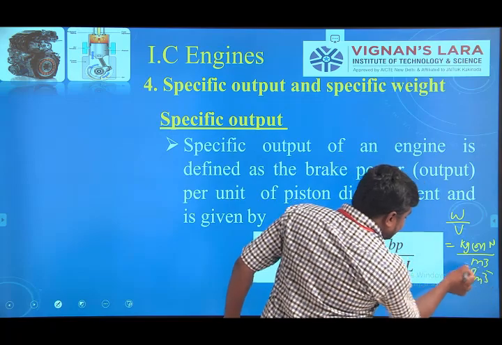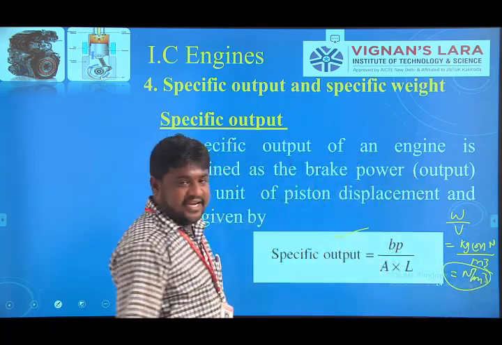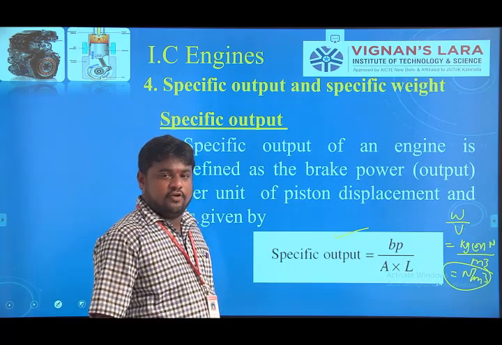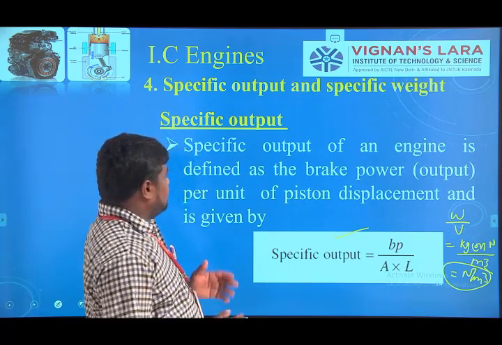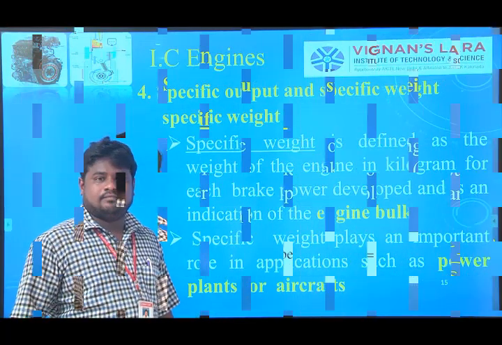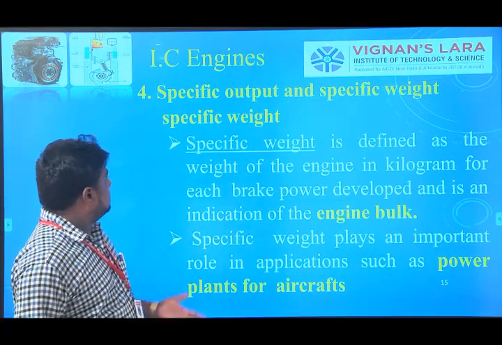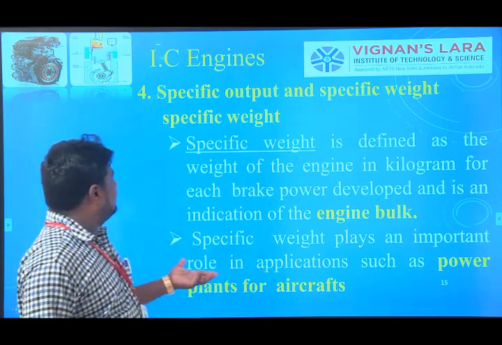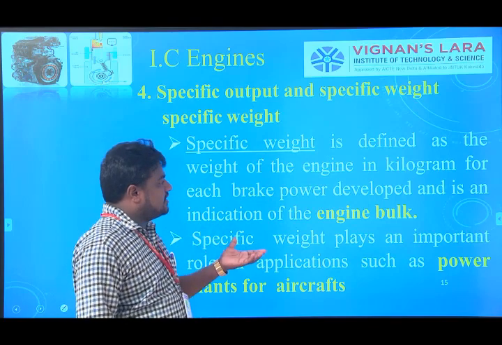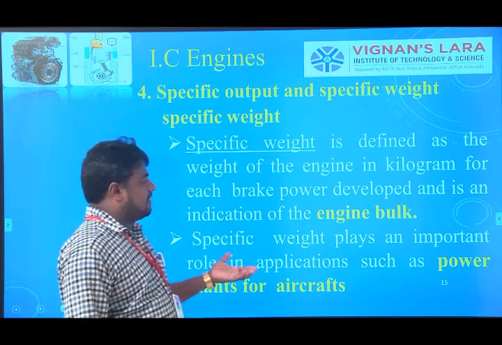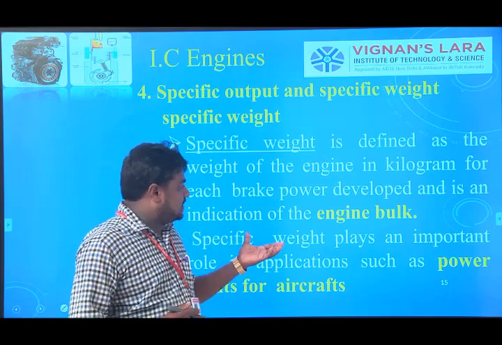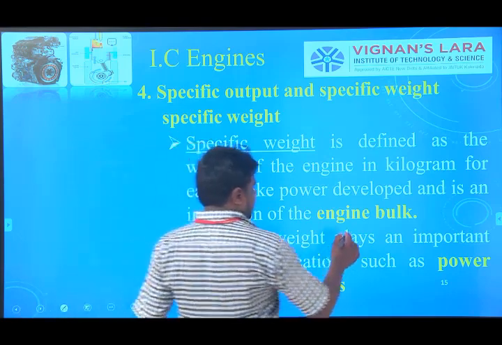Specific weight is one of the properties of a fluid, and it is similar to the mass density. Next, the specific weight of an engine is defined as the weight of the engine in kilograms for each brake power developed, and it is an indication of the engine bulk.